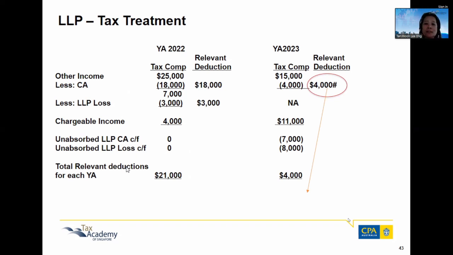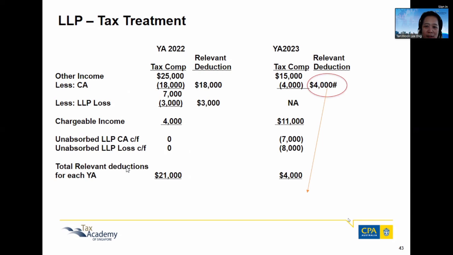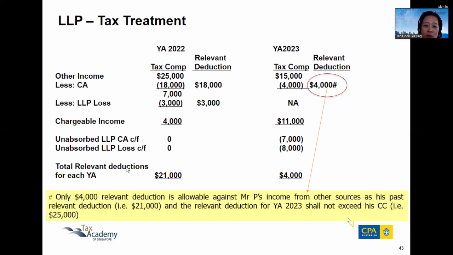Come next year, 2023, we put in other income of 15,000. Then we ask, 11,000 CA, can we allow against 15,000? The answer is we have to restrict to 4,000. Why is it so?